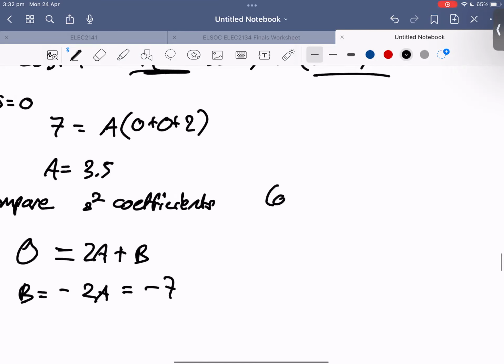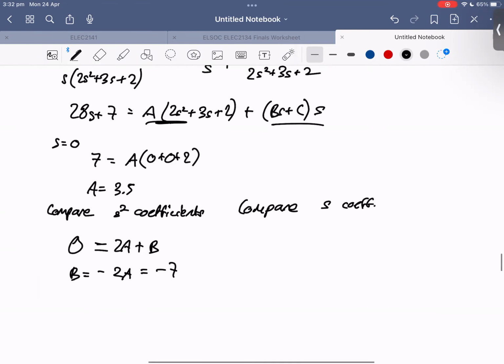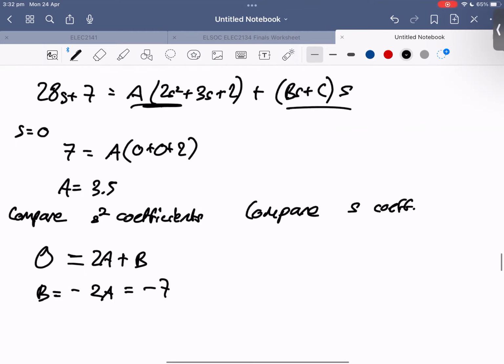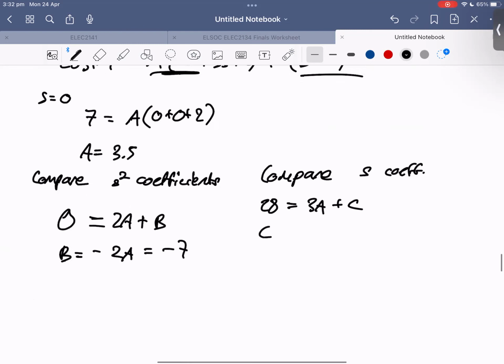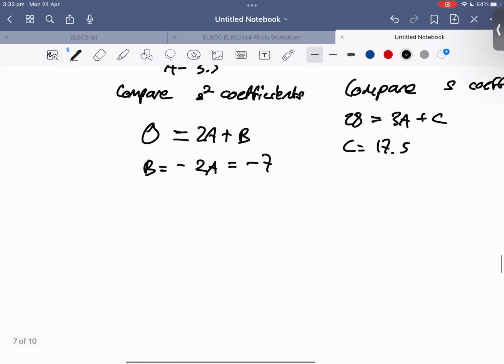And then last of all, we have to find C. So compare S coefficients. We've got 28 on the left-hand side, and then we've got 3A plus C. So C is 28 minus 3A, which if A is 3.5, gives me 17.5. So those are my 3 constants now, which I can go ahead and plug in.